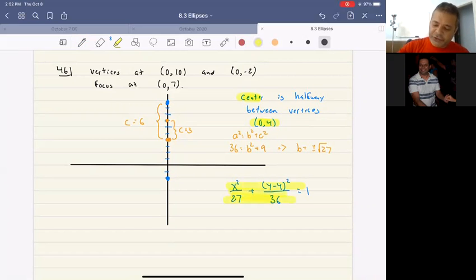Okay, and we could draw this too. We don't have to because it's not asking us to, but we could draw it. The square root of 27, let me figure that out, is roughly 5.2. Let's say roughly here. Roughly here.